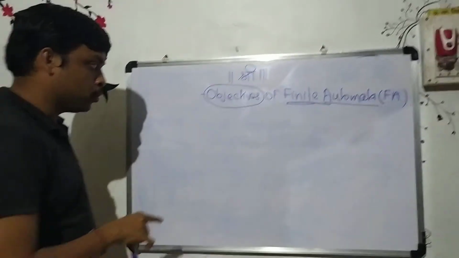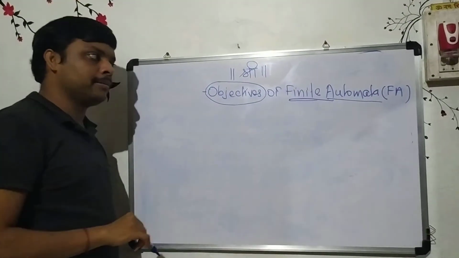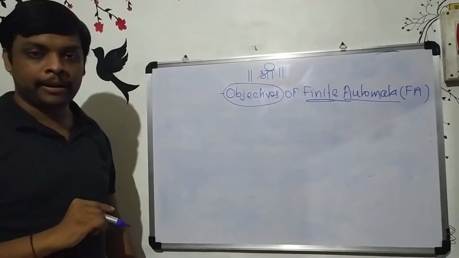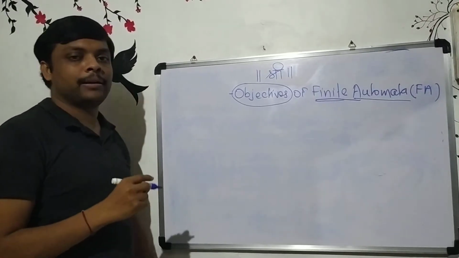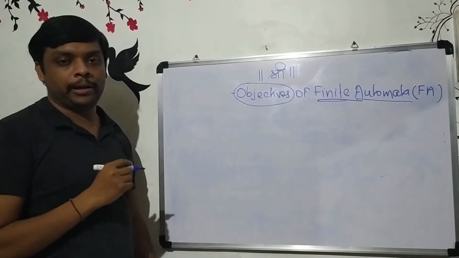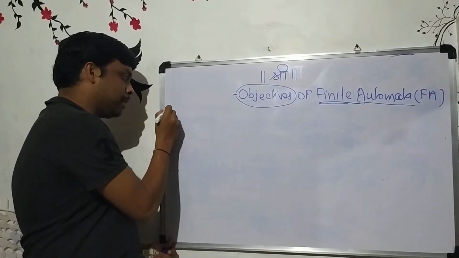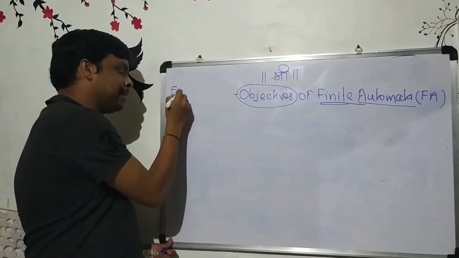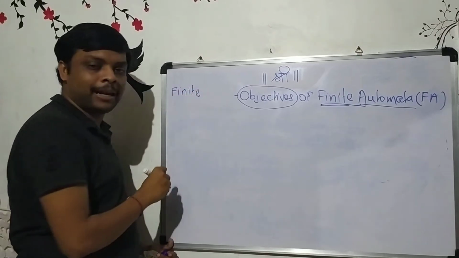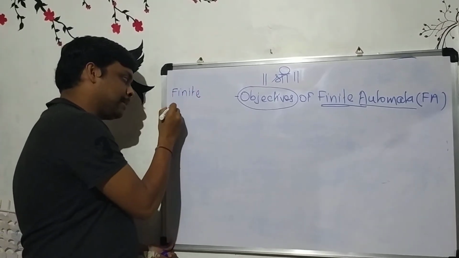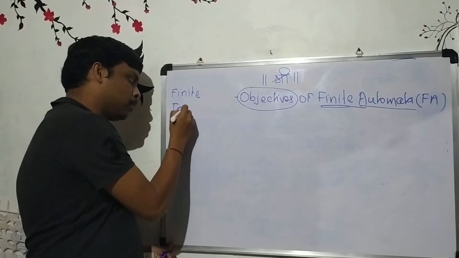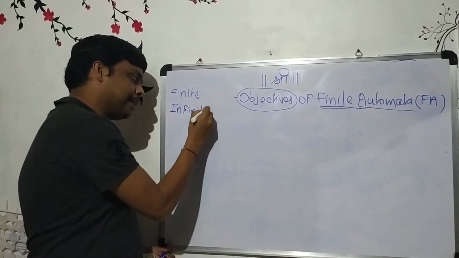So to understand what exactly the objective of finite automata is, we have to take reference of the previous point. In our last lecture we discussed what exactly finite language is, and also what exactly infinite language is.